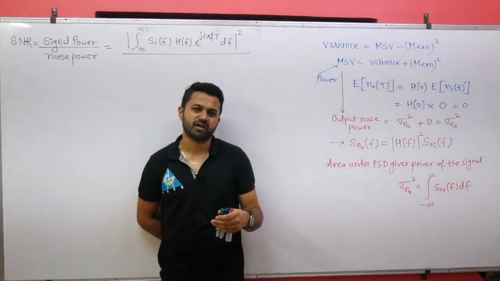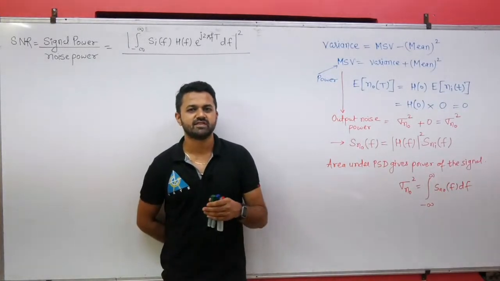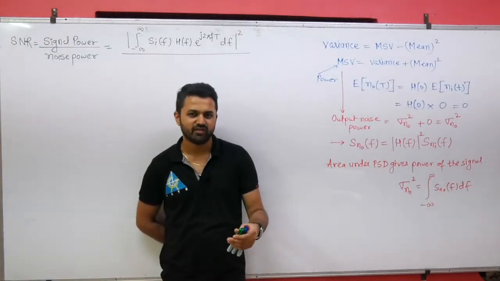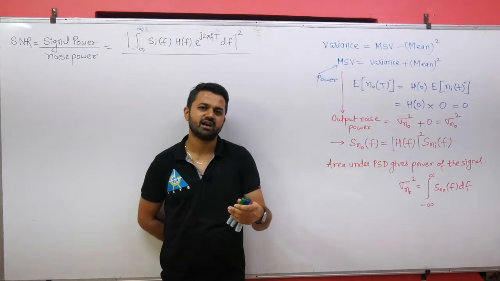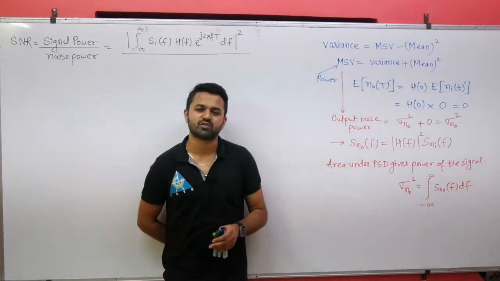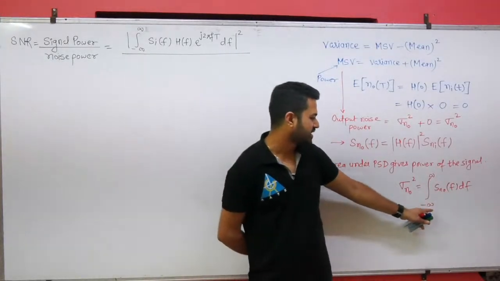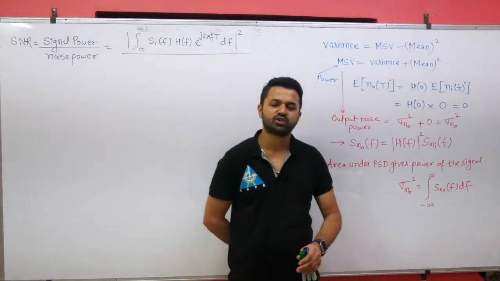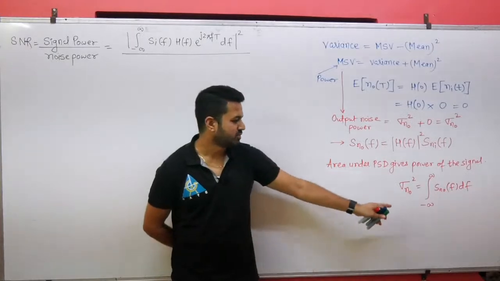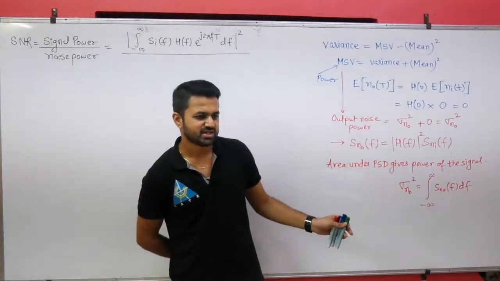From the property of power spectral density, the area under power spectral density gives power of the signal. So to calculate the noise power, you have to calculate area under power spectral density by integrating it from minus infinity to infinity. So we calculate the integral of S_no(f) df. This will give us output noise power, which can be denoted by sigma n naught square. So is it clear?